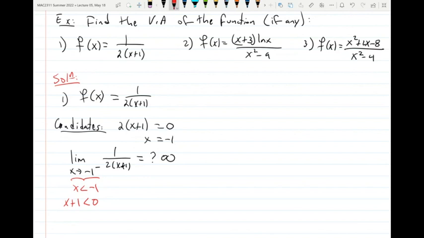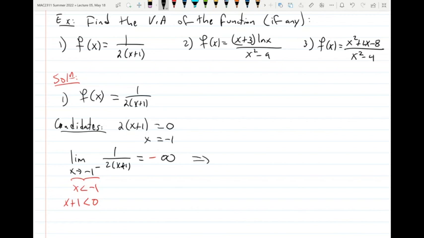So because x plus 1 is less than 0, this parenthesis is negative times a positive, that's still a negative, so this bottom is negative. So positive over negative is negative. Yes? That's how you determine the type of infinity that you get. Do you understand this? If you would have done it from the right, then you would have gotten positive infinity.